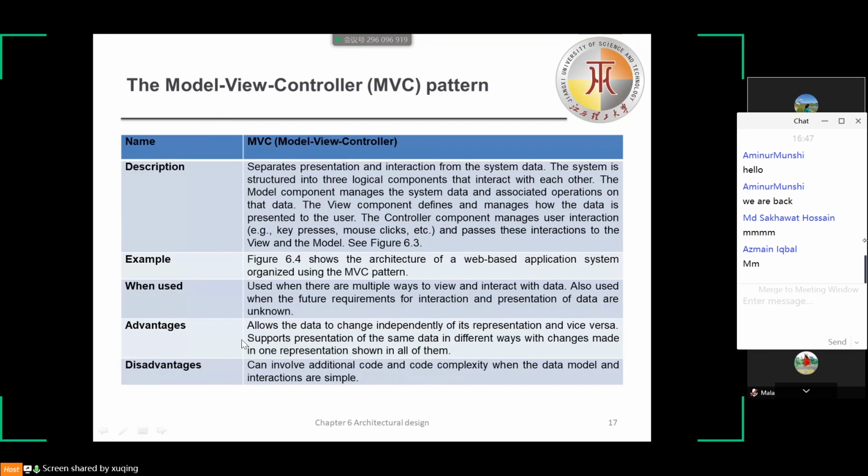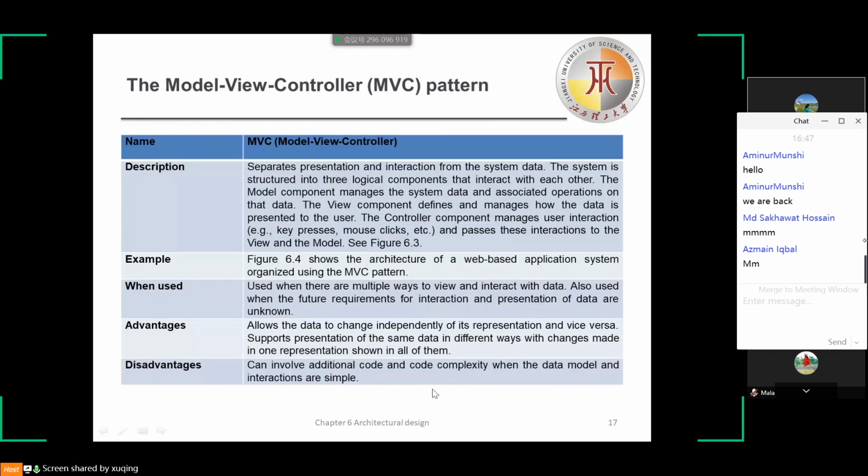The advantage is that it allows the data to change independently of its representations and vice versa. So it supports presentation of the same data in different ways, with changes made in one representation shown in all of them. The disadvantage is that it can involve additional code and code complexity when the data model and interactions are simple.